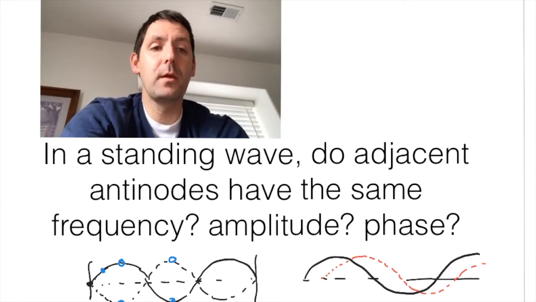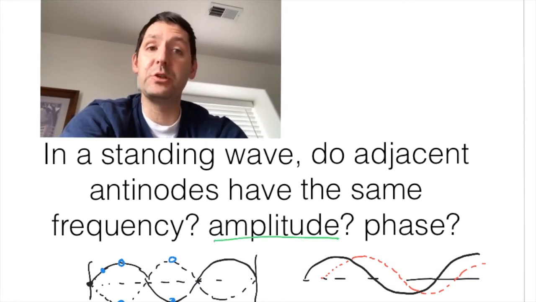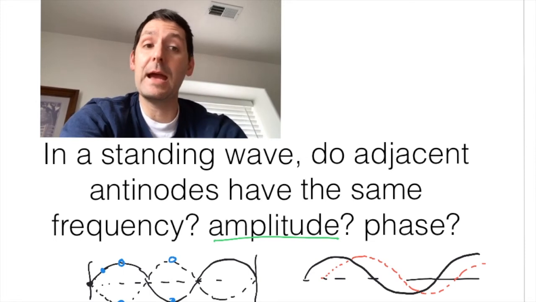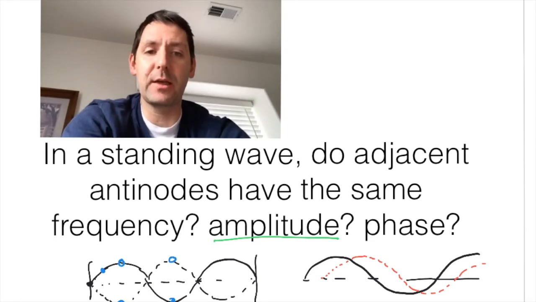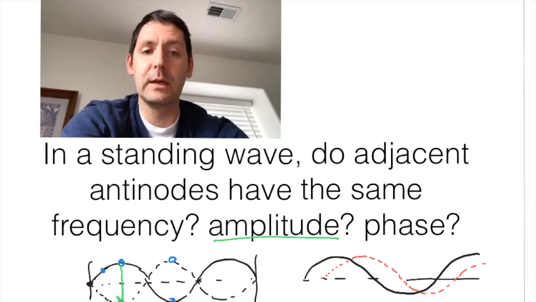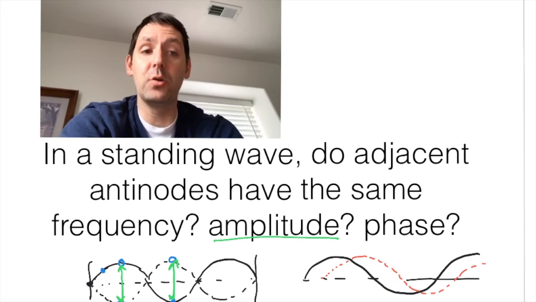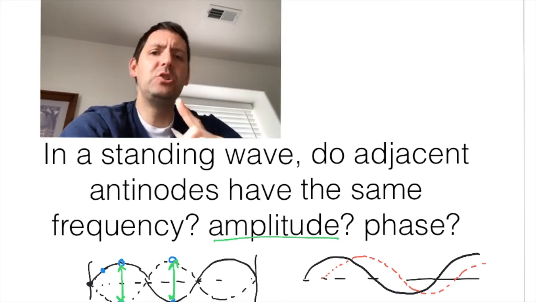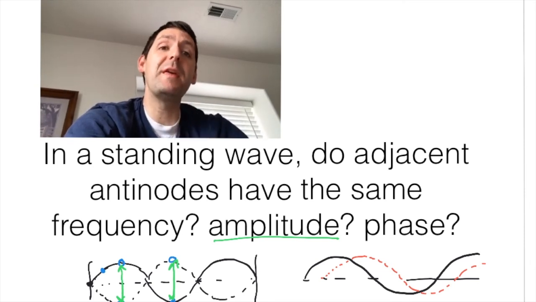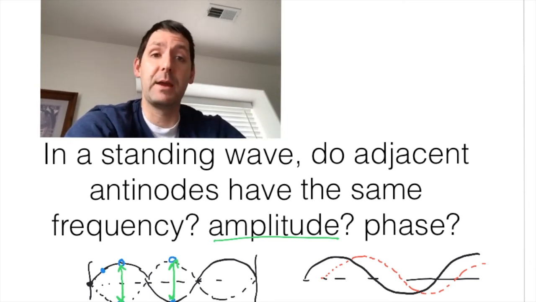do they have the same amplitude? Well, antinodes do. And I'm going to address another question while we're looking at this: the amplitude of that antinode and the amplitude of this antinode are the same. But do all particles within that arc have the same amplitude?